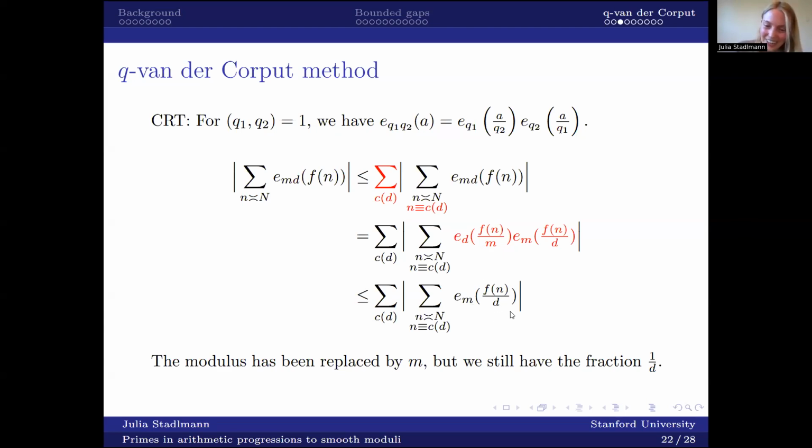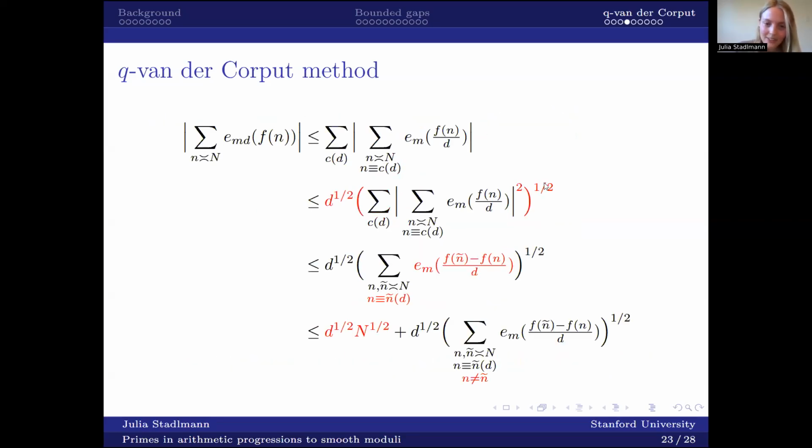In order to actually get rid of this over d, we apply the Cauchy-Schwarz inequality. If we apply it, we get the sum of the square of the sum of e_m of f(n) over d on the inside, and expanding that we have e_m of (f(n tilde) minus f(n)) over d. If we have, say, n tilde equal to n, then we immediately see that we're in trouble.